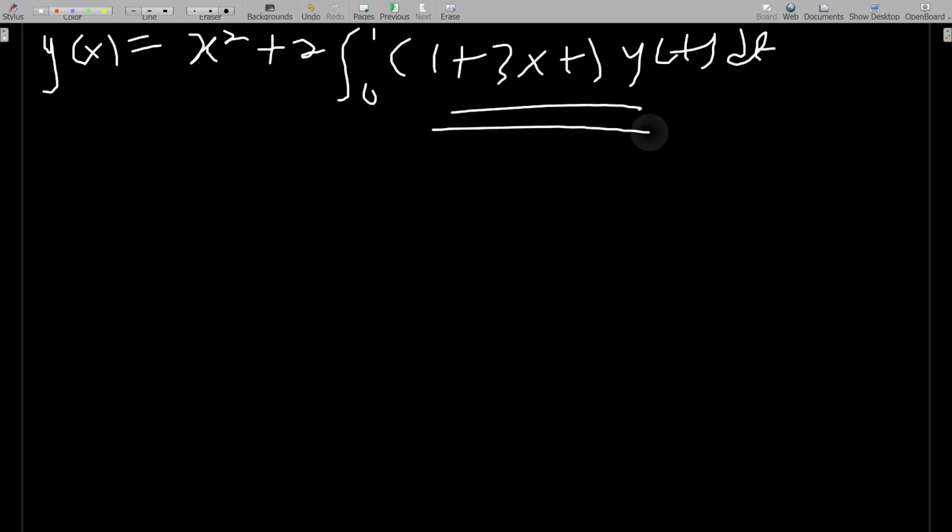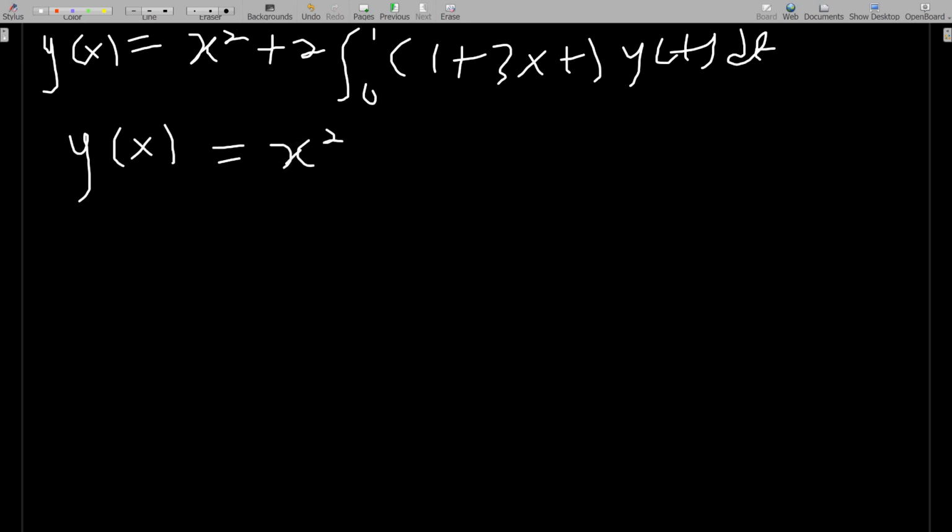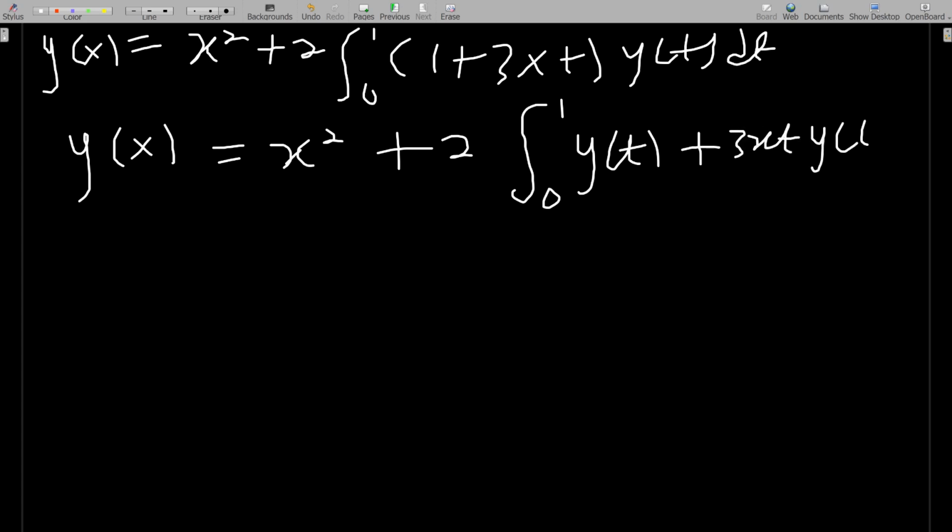I multiply y of t through, and I'll have y of x equal to x squared plus 2 times the integral from 0 to 1 of y of t, plus 3xt y of t, all dt, right?